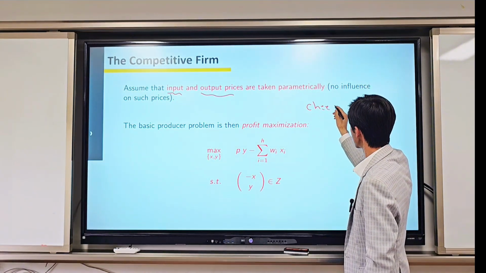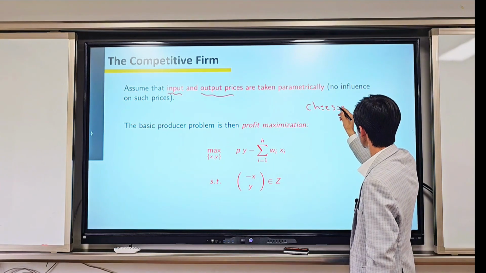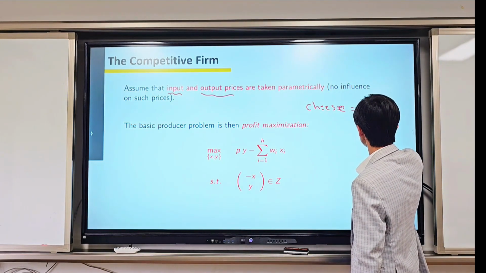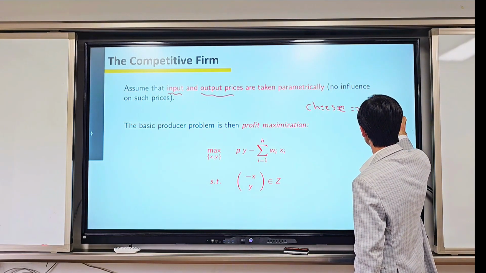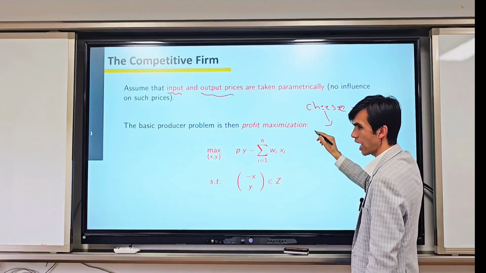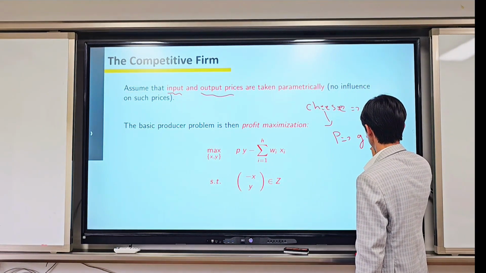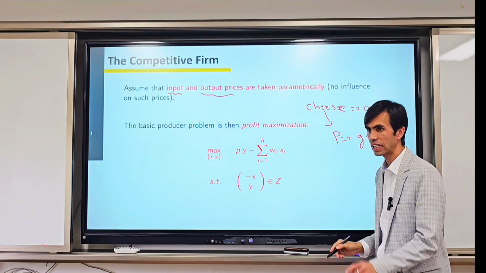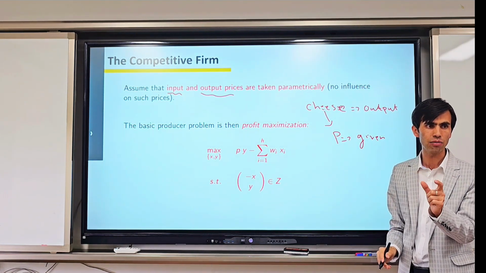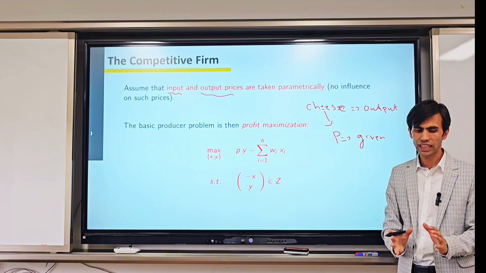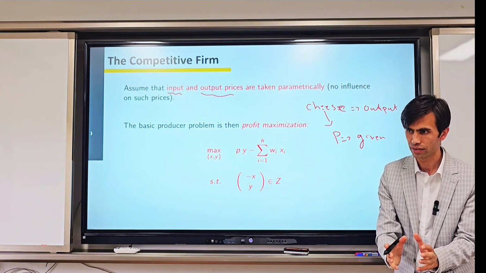When we produce cheese, this is our output, and the price of this output is P. It's already given by the market. 1 kg of cheese costs how much? It's already given. We cannot sell more than that.